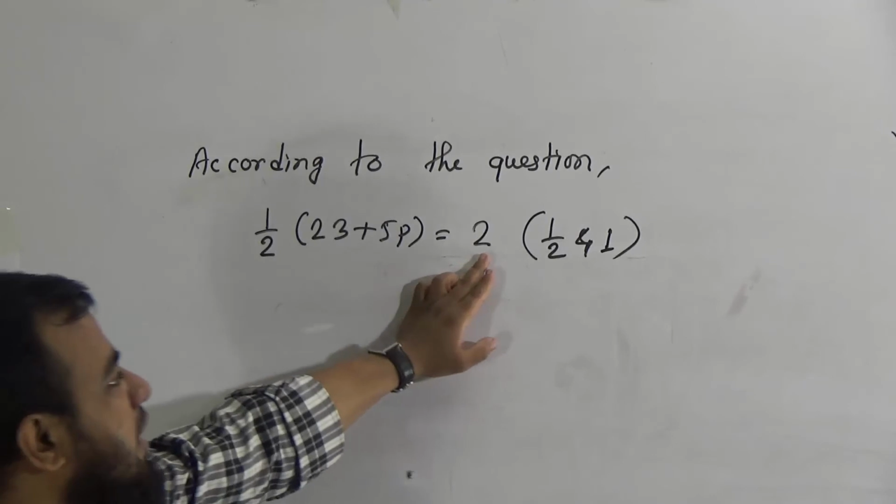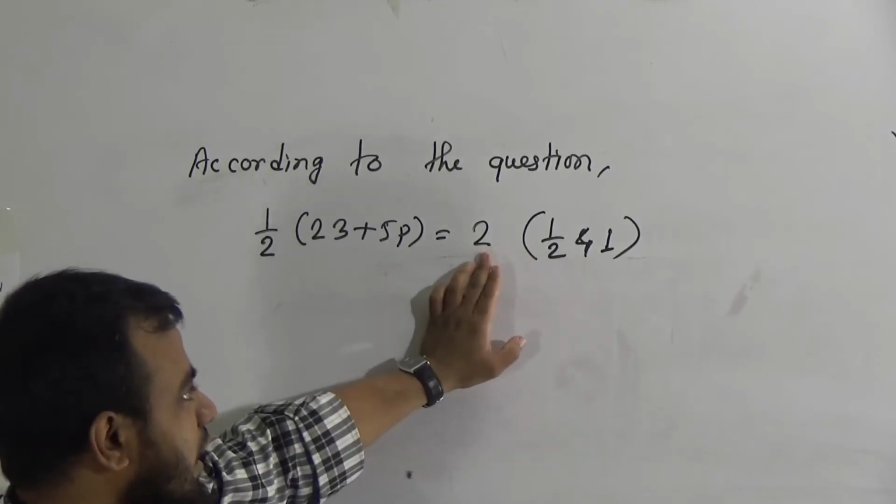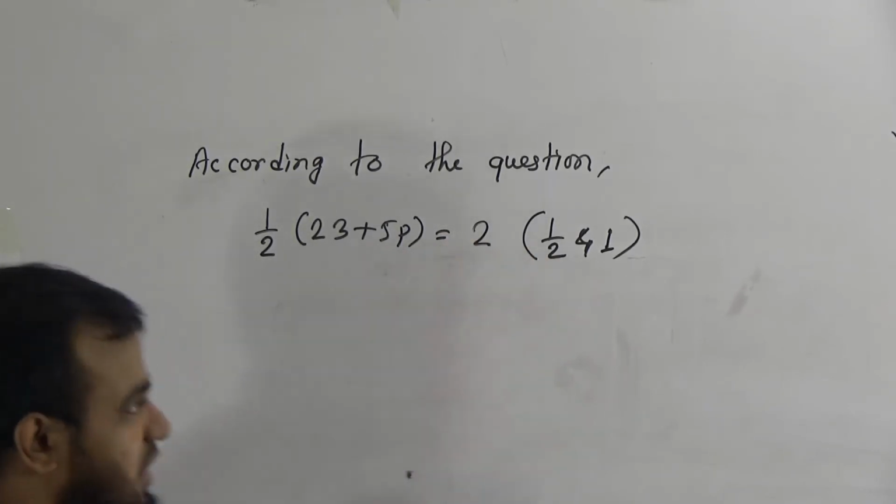So we can multiply this area with 2 and give the equal sign.